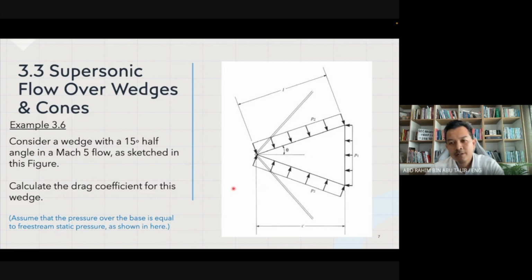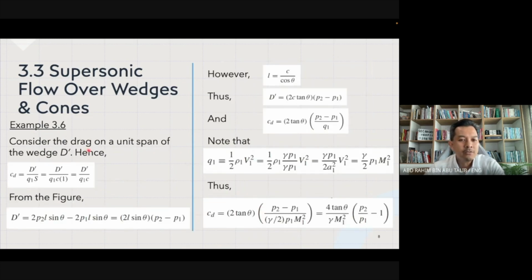All right, so let us go through. We have the pressure over the base, denoted as P1, which is equal to the free stream static pressure as shown in this particular figure. Consider the drag on a unit span of the wedge as D prime. You want to find the CD, the coefficient of drag.